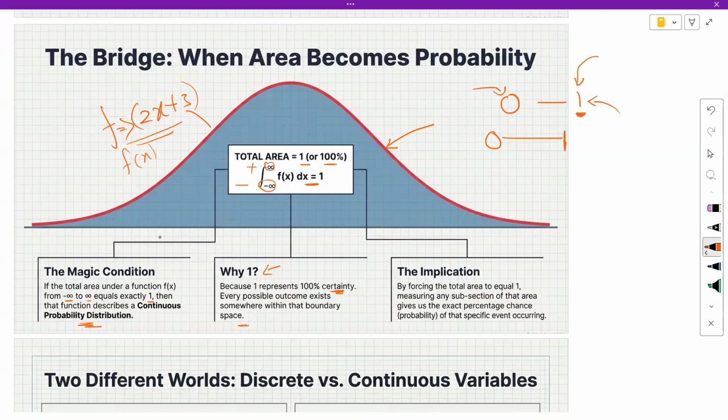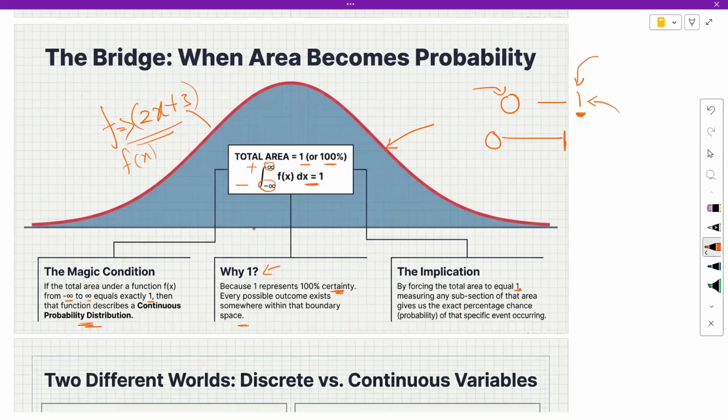And the probability may lie between 0 to 1, any space. The implication, by forcing the total area to equal 1, is that measuring any subsection of that area gives us the exact percentage chance, or probability, that a specific event is occurring.